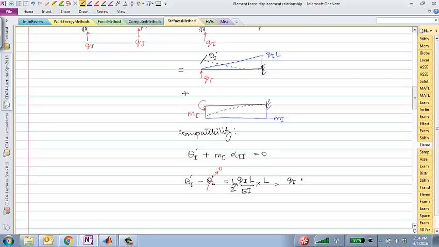So Qi L squared divided by 2EI. That's the rotation at this end, and I think I'm missing a minus sign. Right, because it should be theta L minus I, not theta I minus theta L.